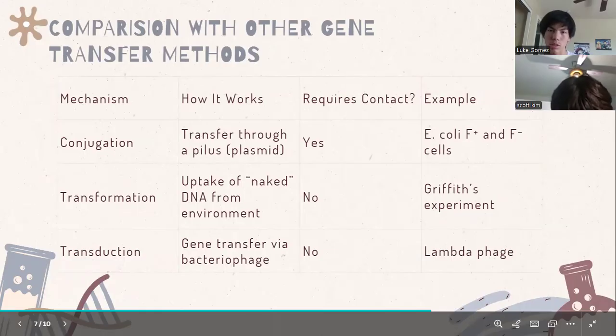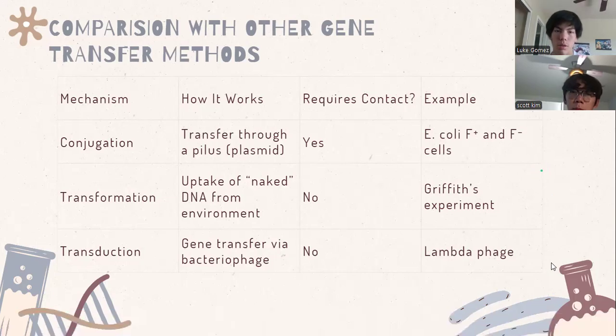An example is E. coli F plus and F minus cells. In transformation, there's an uptake of naked DNA from the environment, and this does not require contact because no other bacterial cells need to be nearby. An example of this is the Griffith experiment. Transduction, like we explained earlier, is gene transfer through bacteriophages, and it does not require contact. An example of this is the lambda phage.